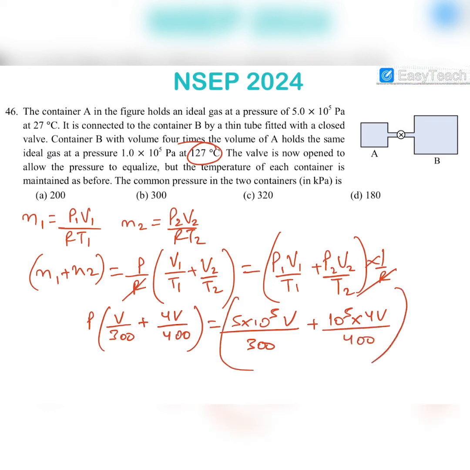So by substituting and cancelling these values, P will be equal to 200 kilopascals. So this will be the correct answer. Now let us move on to the next question.